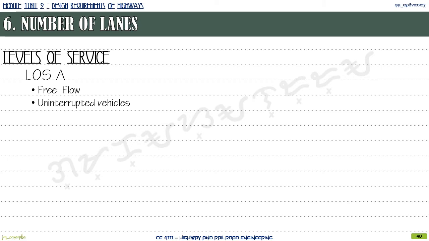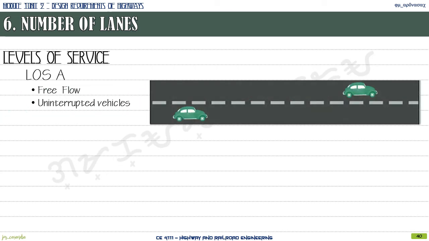So vehicles now will be moving along our road section non-stop. As you can see from the figure, the vehicles are not affected by any other vehicles, and their speed and flow are unaffected by other vehicles.